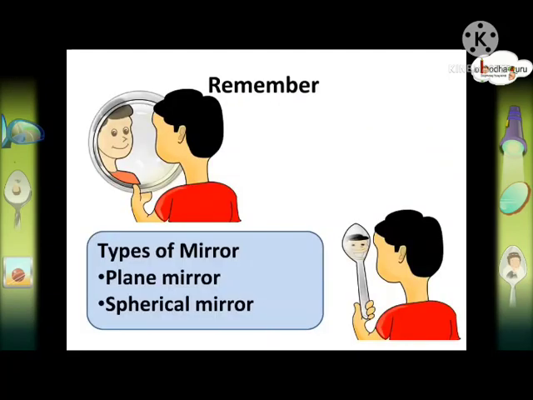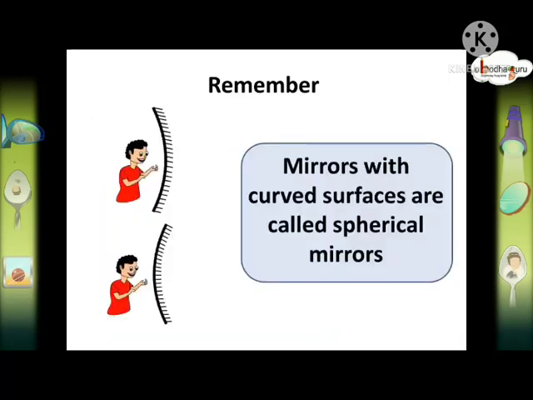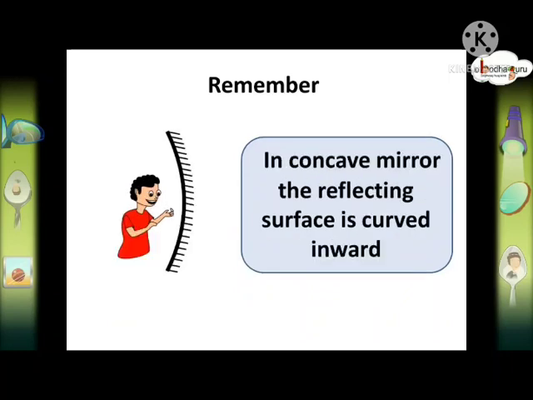So to summarize what we learned today, there are two kinds of mirror: plane mirrors and spherical mirrors with curved surfaces. Mirrors with curved surfaces are called spherical mirrors. In the concave mirror, which is a spherical mirror, the reflecting surface is curved inwards.